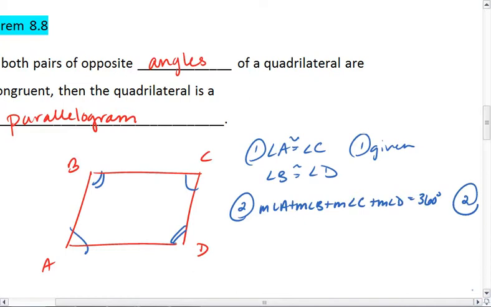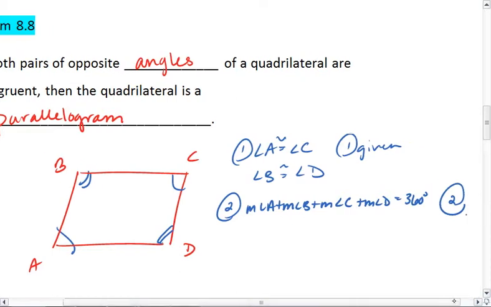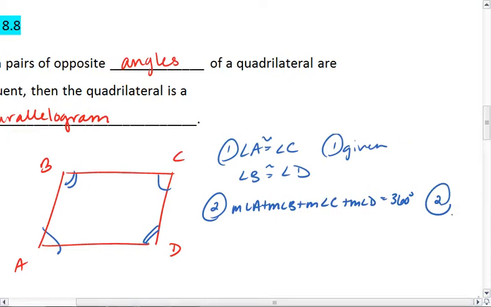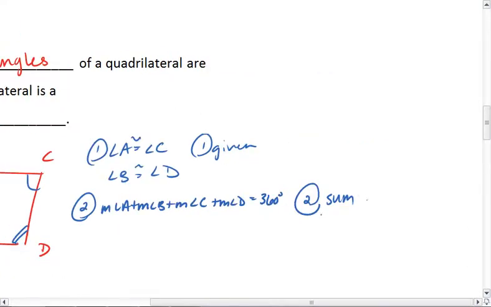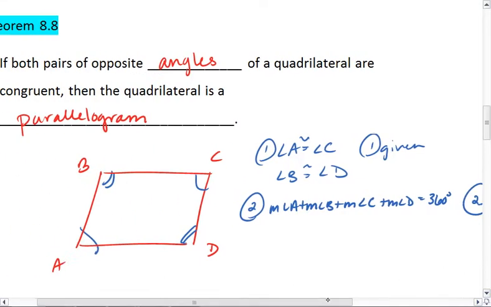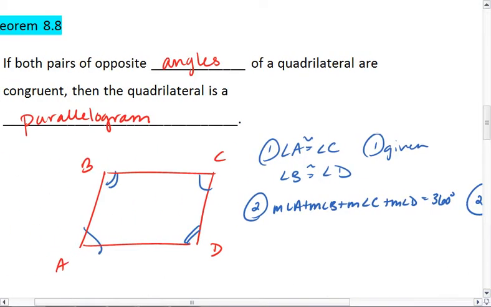And we know this because of the sum of the interior angles of a polygon theorem. We know all quadrilaterals are 360 degrees.